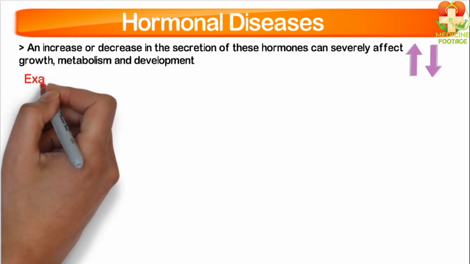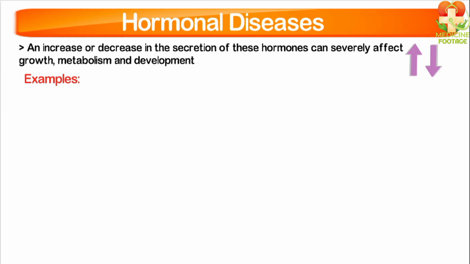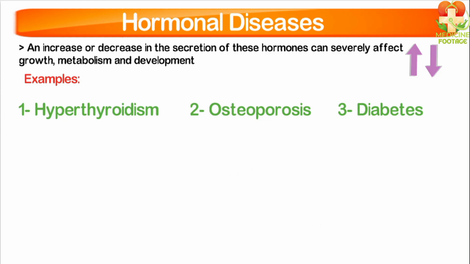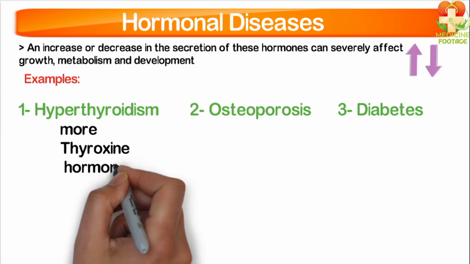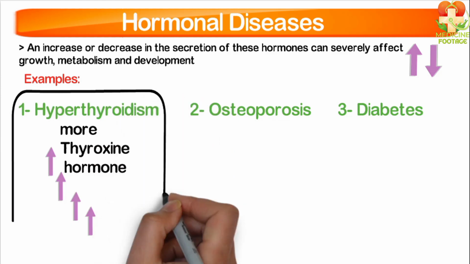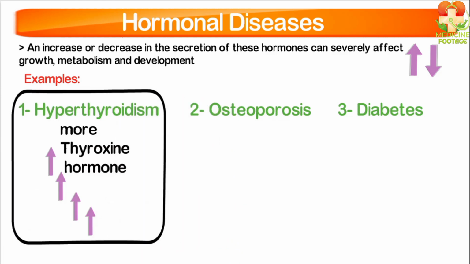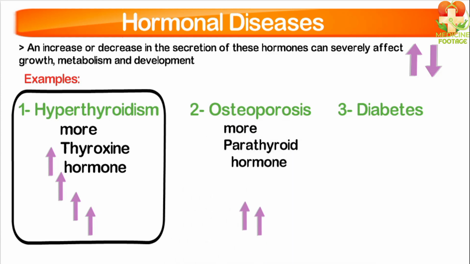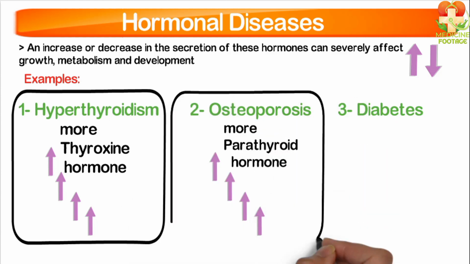If I mention some examples, there is hyperthyroidism, osteoporosis, and diabetes. In hyperthyroidism, thyroxine hormone is released in excessive amounts, which causes hyperthyroidism. If we talk about osteoporosis, it is caused when the parathyroid hormone is released in excessive amounts in our body.